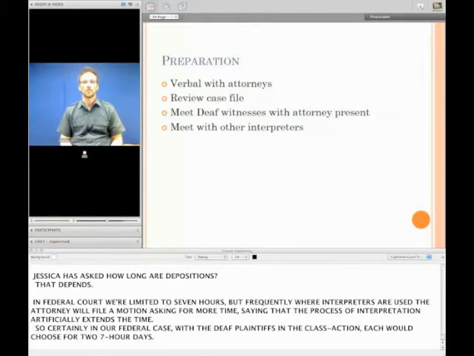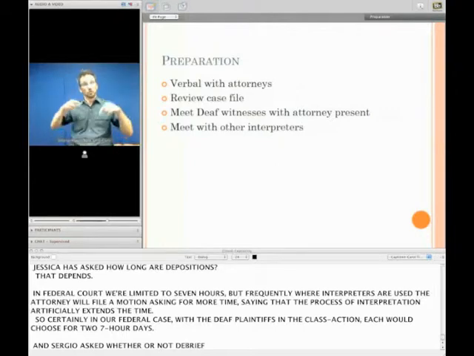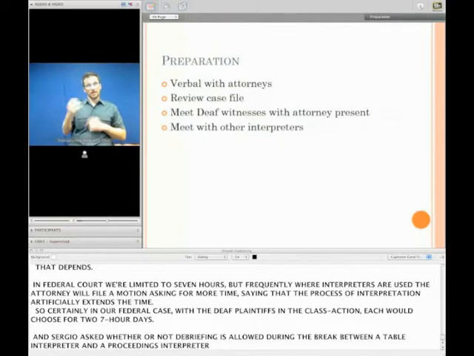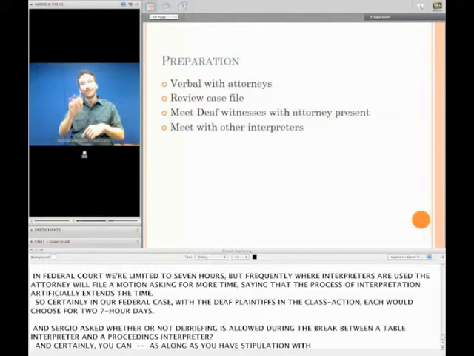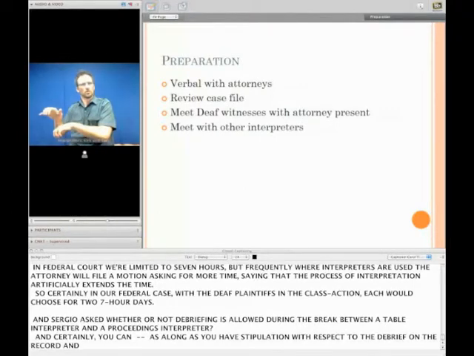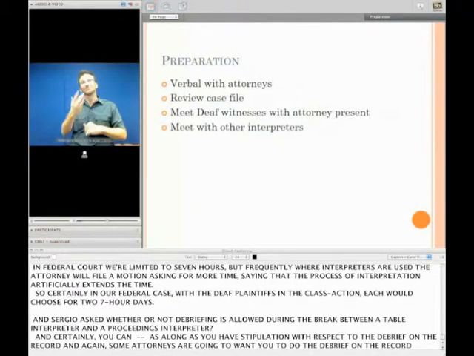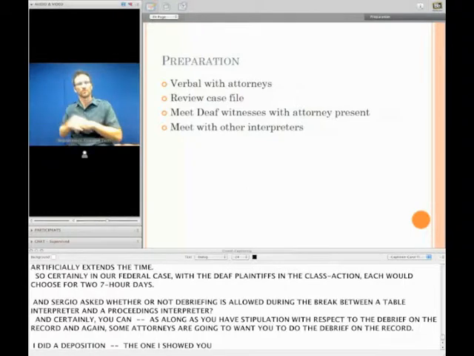Sergio's asked whether or not debriefing is allowed during the break between a table interpreter and a proceedings interpreter. Certainly, you can, as long as you have a stipulation with respect to the debrief on the record. And again, some attorneys are going to want you to do the debrief on the record. I did a deposition, the one I showed you the picture of, with 2 table interpreters.